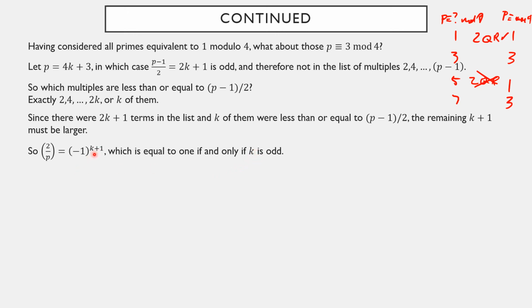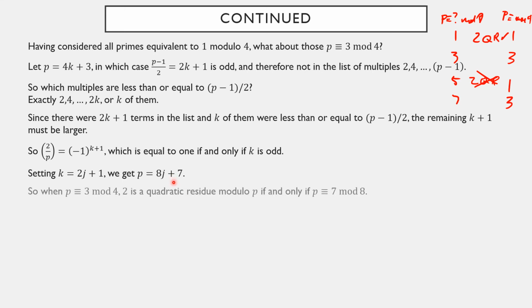So k being odd means the exponent will be even. If k is an odd number and p is equal to 4k plus 3, we would end up with p equal to 8j plus 7. So when p is equivalent to 3 mod 4, in other words, these two possibilities, 2 is a quadratic residue if and only if p is equivalent to 7 mod 8.